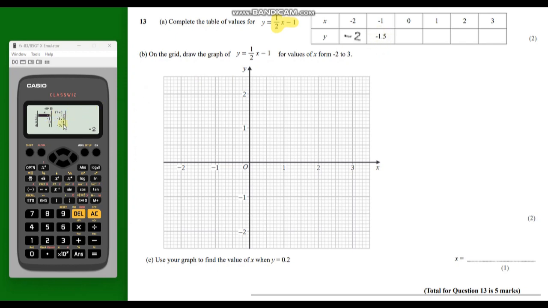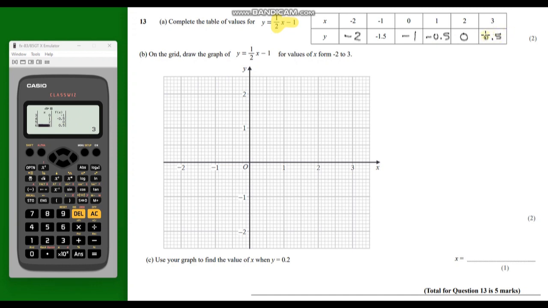When x equals 0, y equals -1. When x equals 1, y equals -0.5. And then we just need to scroll down. So when x equals 2, y equals 0. And if we scroll down once more, when x equals 3, y equals 0.5. So we've completed our table of values.